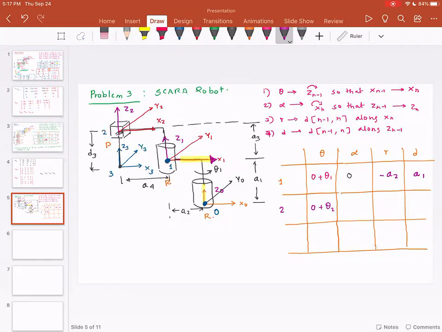They are already aligned, so you have 0. R is the distance between frame 1 and frame 2. Please note where frame 1 and frame 2 are: frame 1 is here, frame 2 is at location 2. And R is the distance along X2. That distance is minus A4.